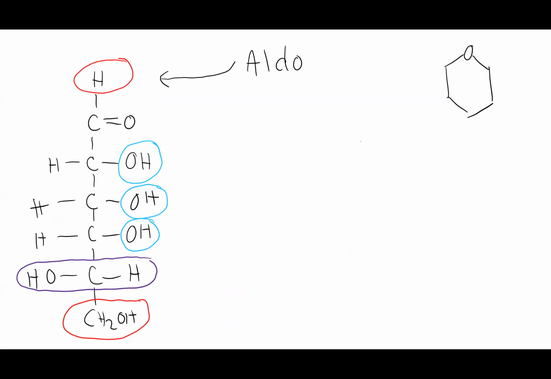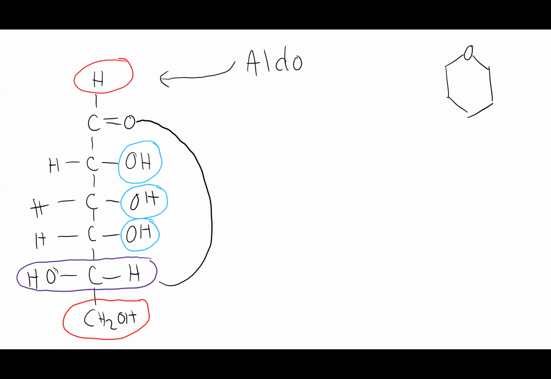So let's try another example. This time we're going to start with an aldehyde sugar. And again, I'm going to count how many carbons there are that are going to cyclize. And again, I'm connecting from here to here. And I'm just drawing this line in this way to give you a base example, a base idea.